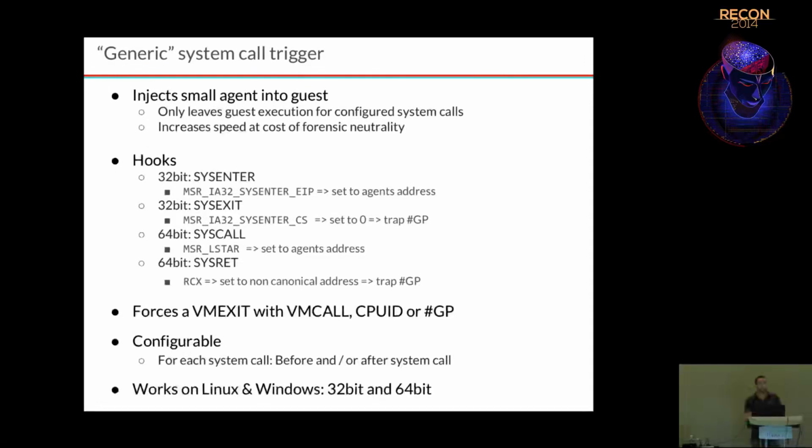So our generic system call trigger injects a small agent into the memory of the guest. This, of course, modifies the guest memory, which in a forensic way some of you might not want to have, but in a reverse engineering way it's not that big a deal.